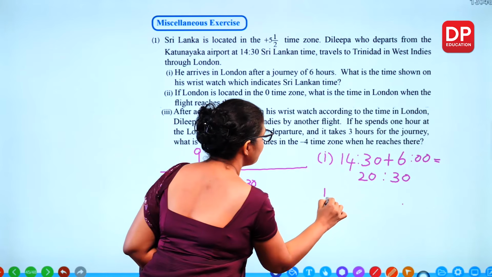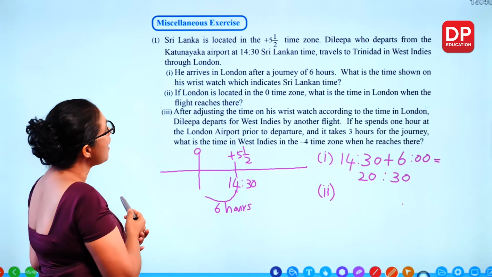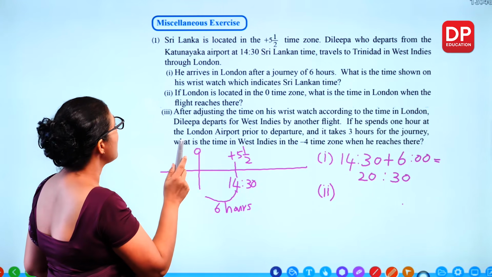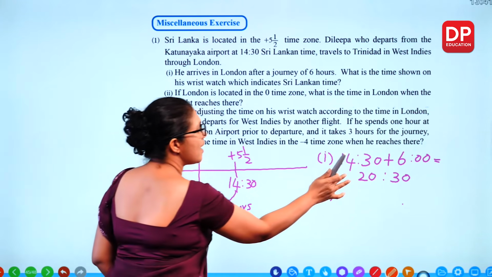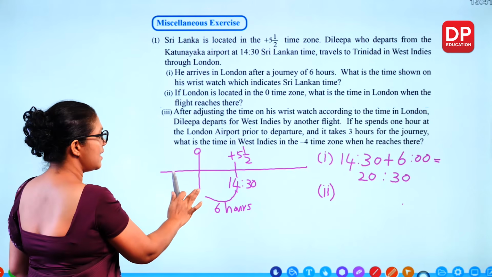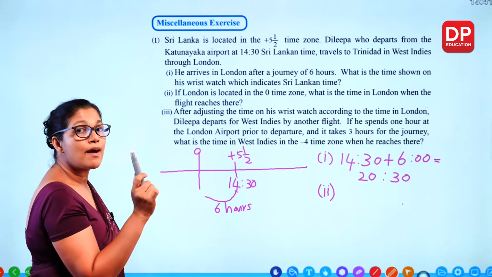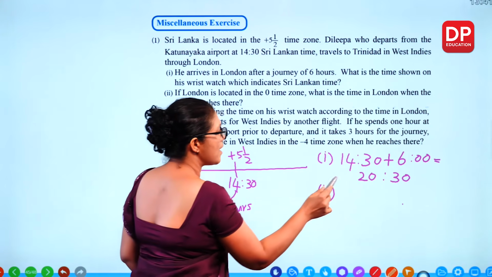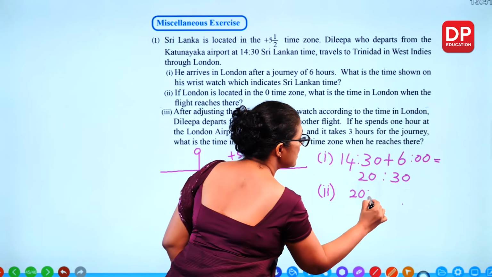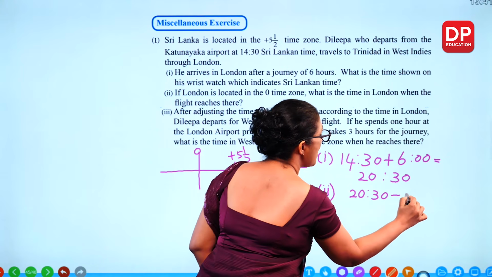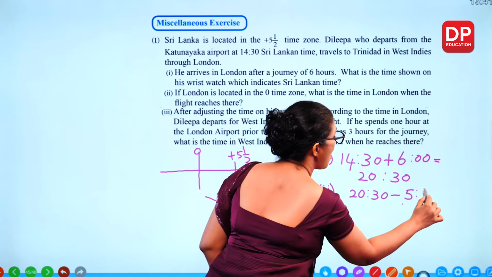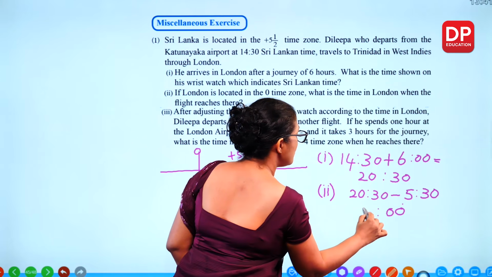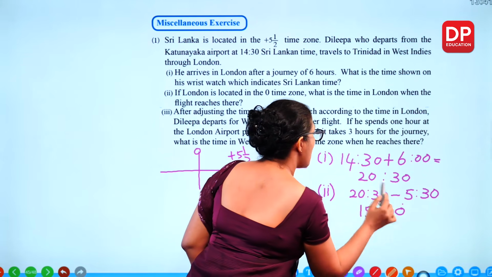Then 2. If London is located in the 0 time zone, what is the time in London when the flight reaches there? Now Sri Lankan time is 20:30 there, but this is a 5.5 time difference. So you need to subtract 5.5 from here. So 20:30, that's the Sri Lankan time, minus 5:30 means 0, and you get 15 hours.